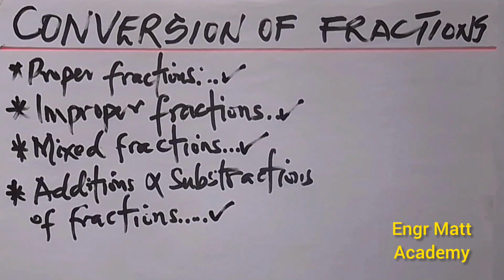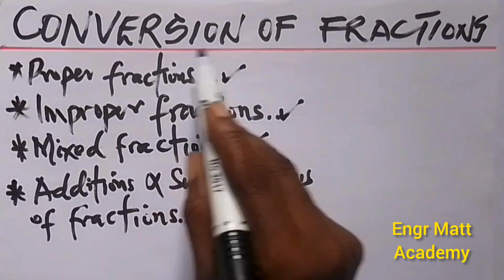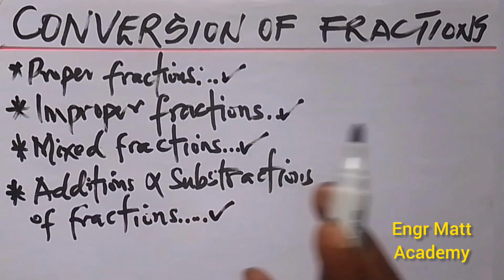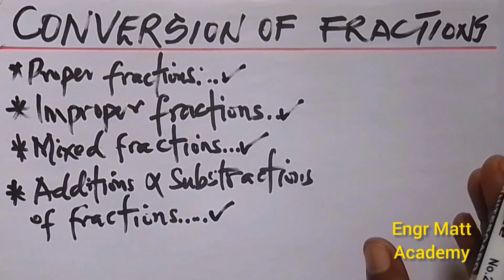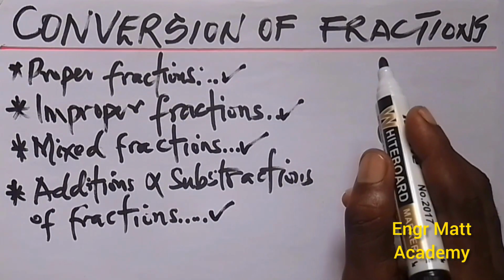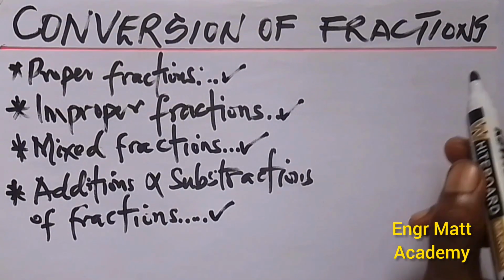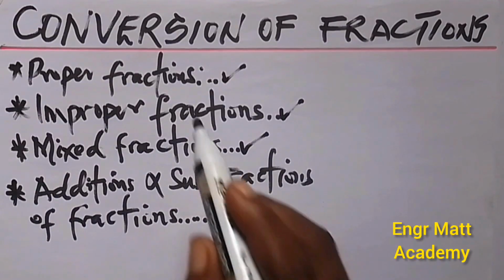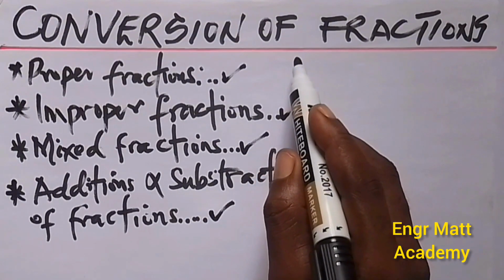I promised that part 2 will be multiplication and division of fractions, but I realized that if we don't understand conversion of fractions from mixed fractions to improper fractions and improper fractions back to mixed fractions, you may have issues when we go into multiplication and division of fractions. Hence, we are doing this lesson first.